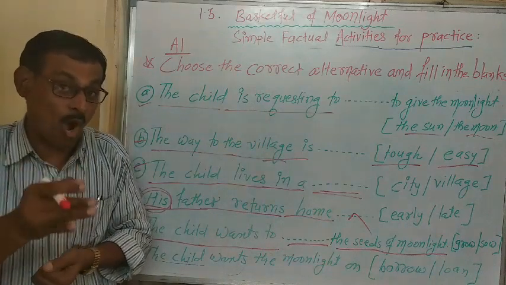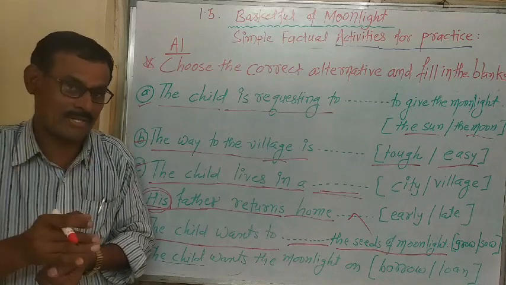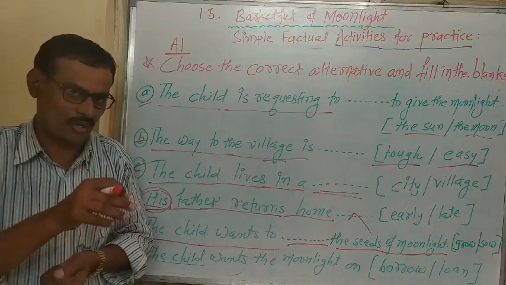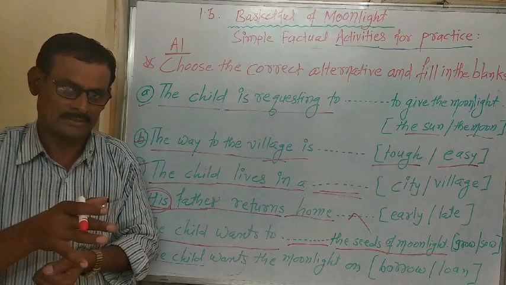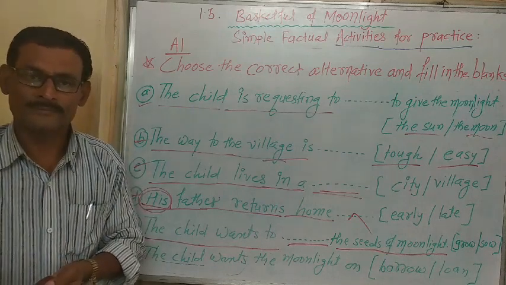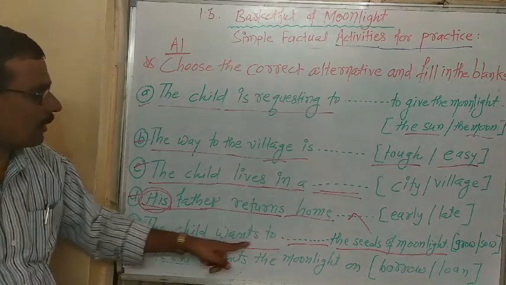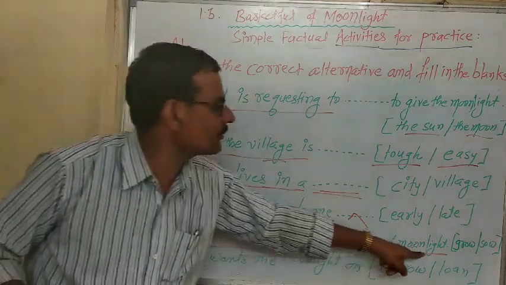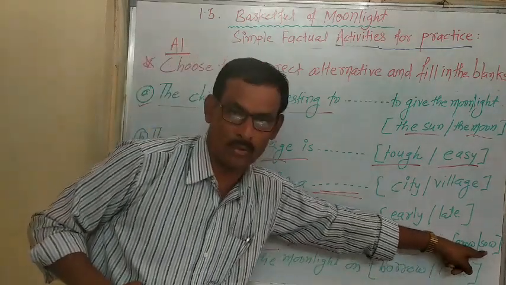Why does he want the seeds of moonlight? Either for growing or for sowing. You will choose the correct option. The child wants to dash the seeds of moonlight, grow, sow.